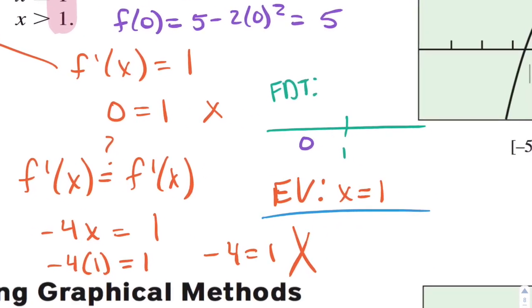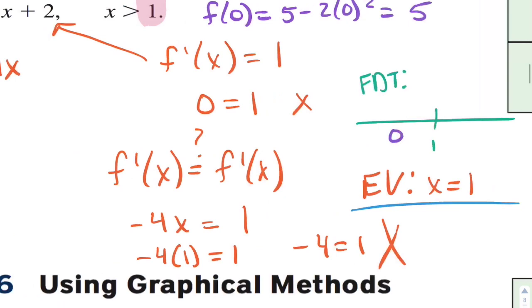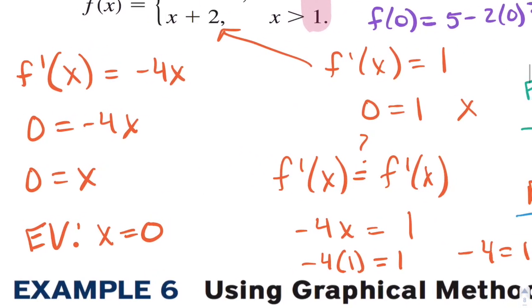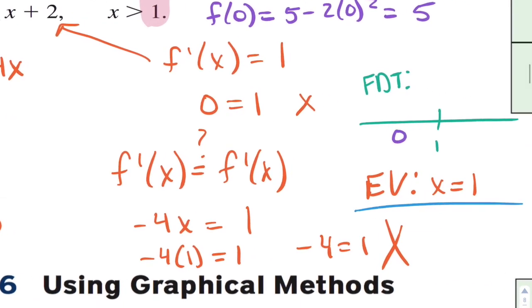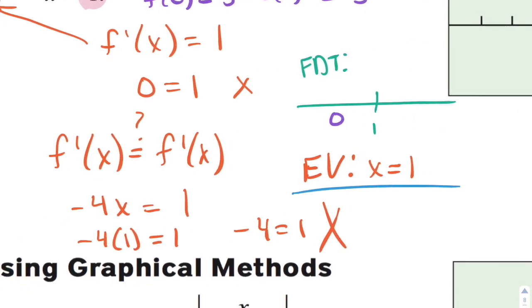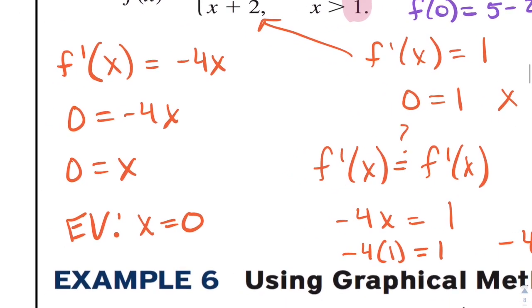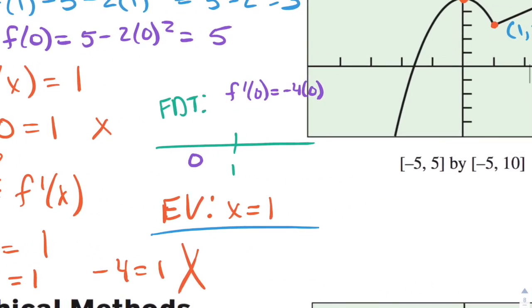So if I test 0, I get 5. Where's my derivative? Sorry. I test this one because that correlates to that function. So I test that derivative and I get f prime of 0 equals negative 4 times 0, so it's 0.